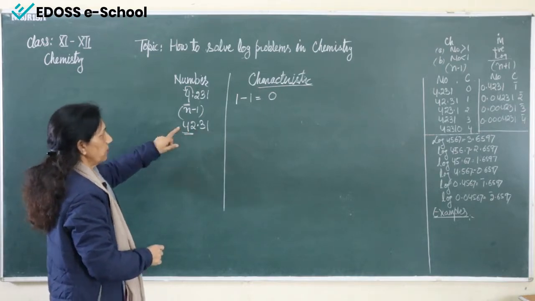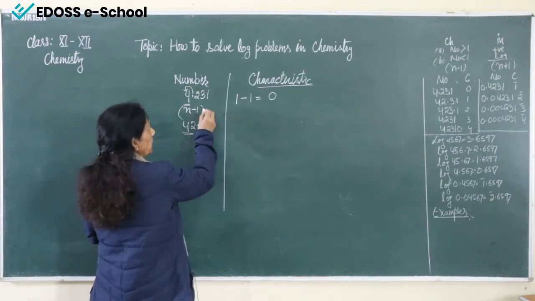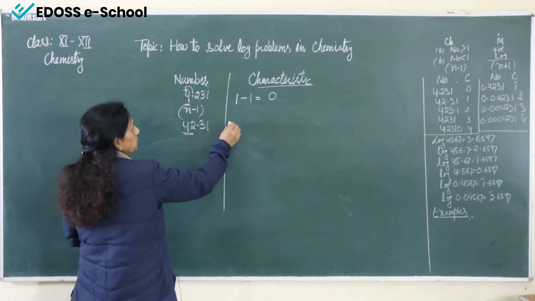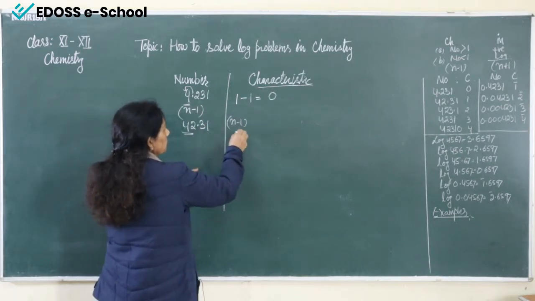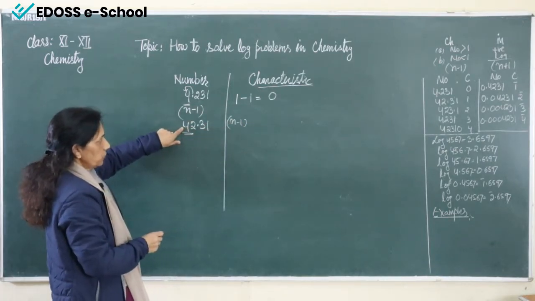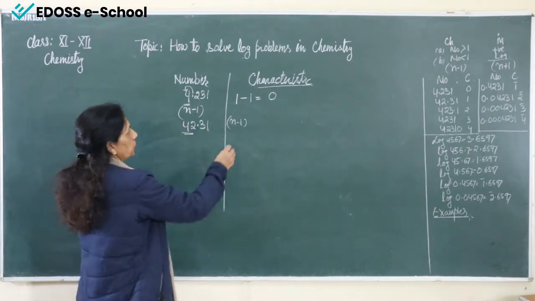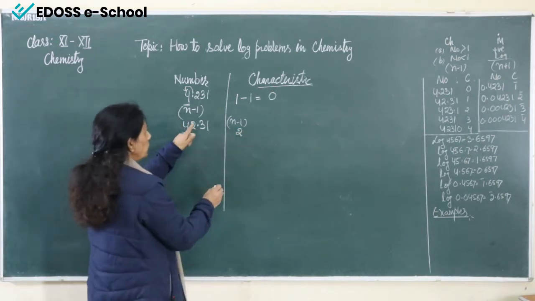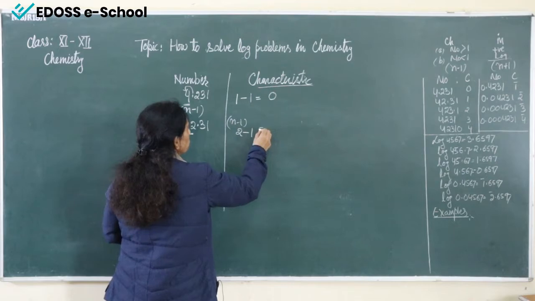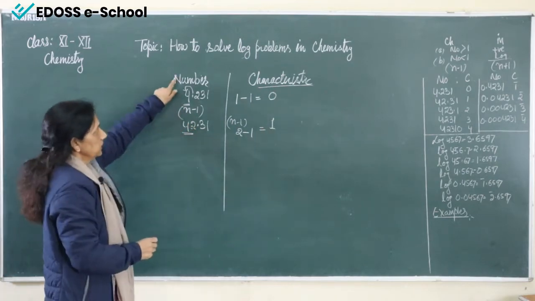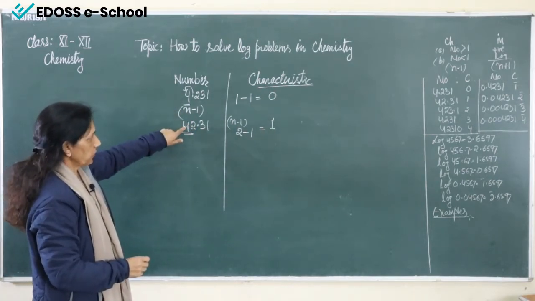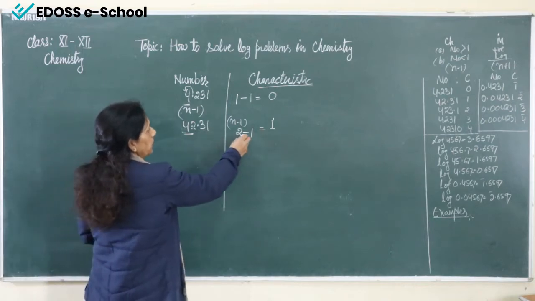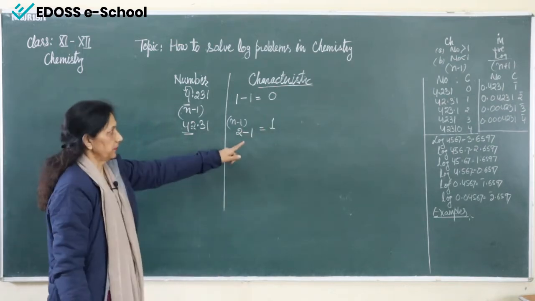So from this number, same formula we will apply, n minus 1. So n is 2 and minus 1 is equal to 1. That means for 42.31 the characteristic is 1.